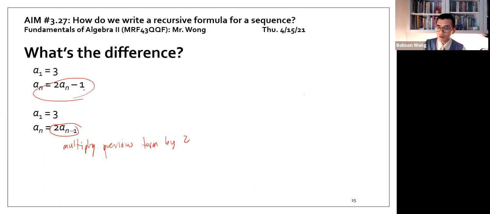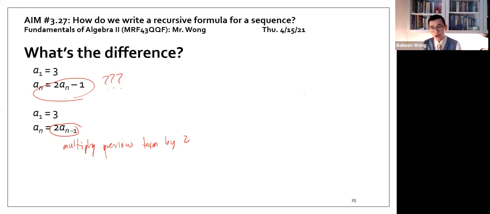This actually makes no sense, because basically what you're saying in the first one is that to find the nth term, you take the nth term and you multiply it by 2. Well, what's the nth term? It's the number that you get when you multiply the nth term by 2. You're going in circles. First formula makes no sense.